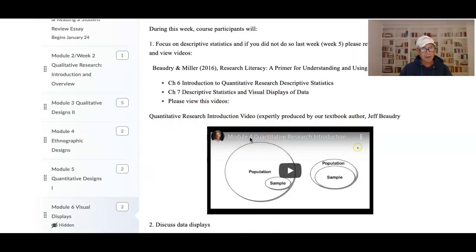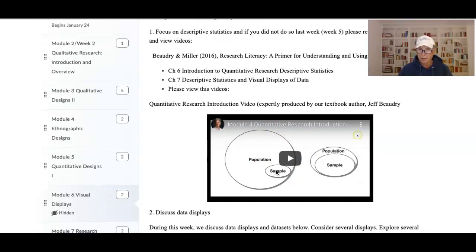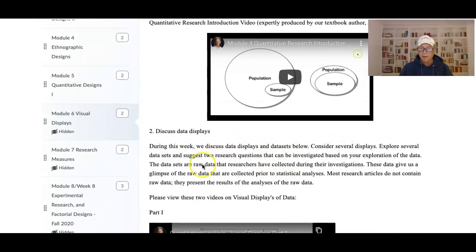You might have taken a look at it already, but if you haven't, please take a look at it. This will refresh your memory about the difference between descriptive statistics that we're going to be looking at this week, and also what type of statistics we can infer from and then make generalizations from. But this week we're really focusing in on the data displays of information.